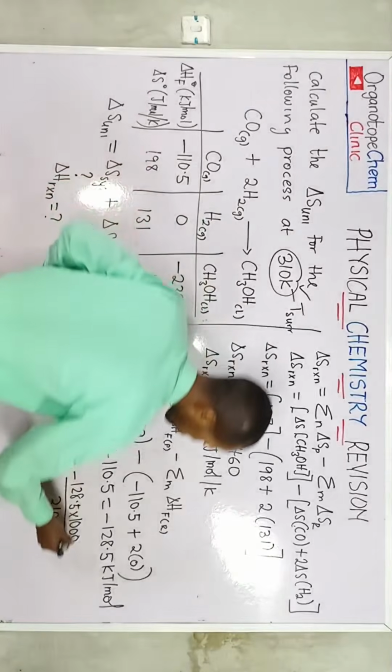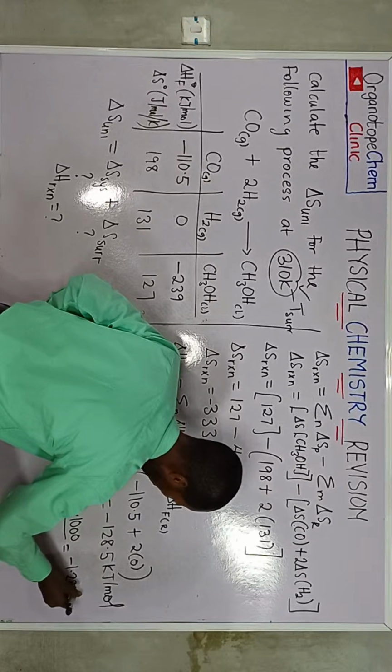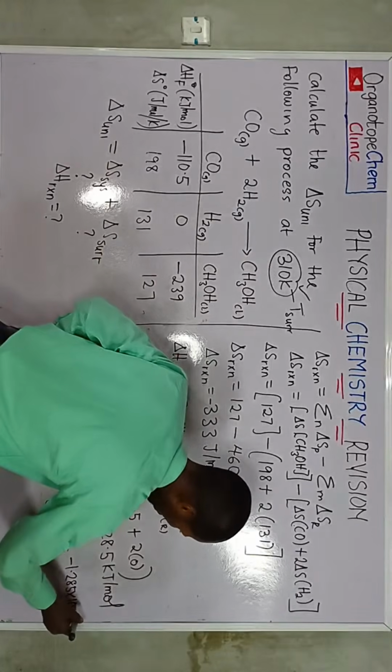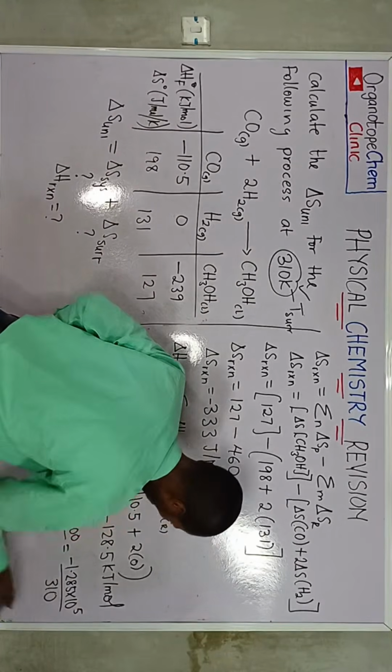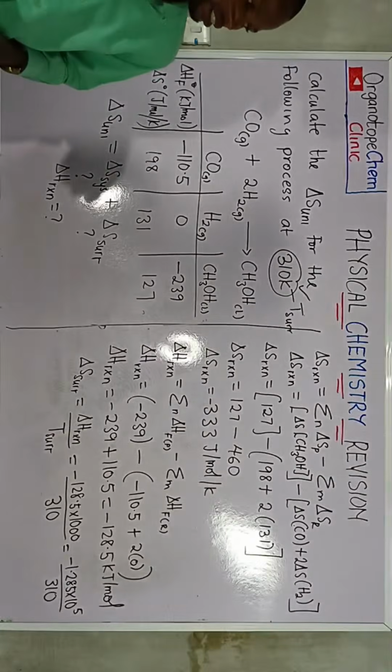So can we have minus 1.285 times 10 raised to power 5, divided by 310. What's the final answer? Drop that in the chat.